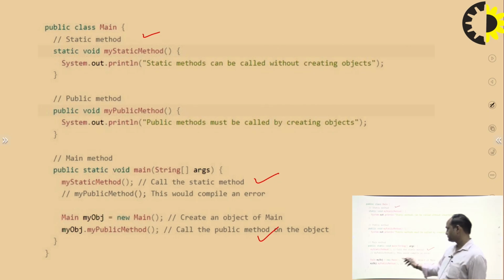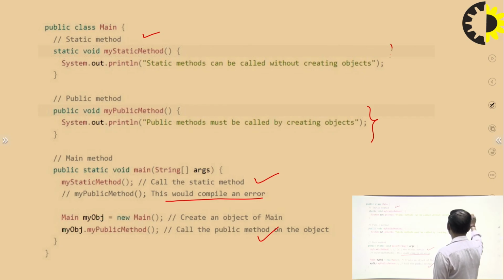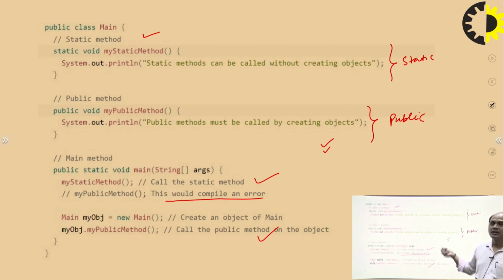If we call my public method directly, we get a compiler error, because we need to create the object and use this public method through the object. This is the public method, this is the static method. If we use the public method directly, it will give the error, while the static method you can use without creating the object. So this is all about static and public methods of a class.